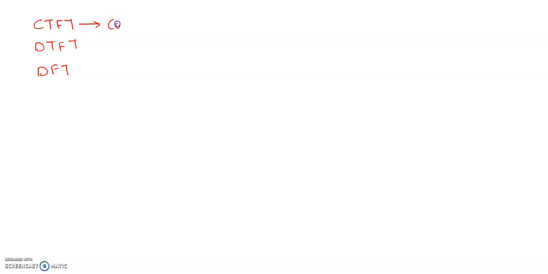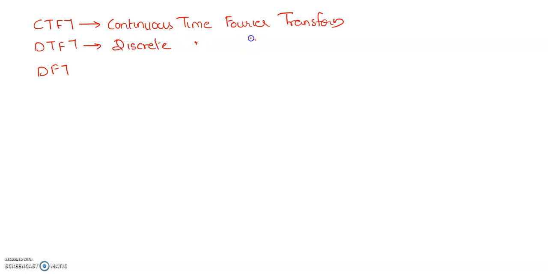CTFT stands for continuous time Fourier transform, DTFT stands for discrete time Fourier transform, and DFT stands for discrete Fourier transform. Now if you ask what each does, we can narrate it like this.